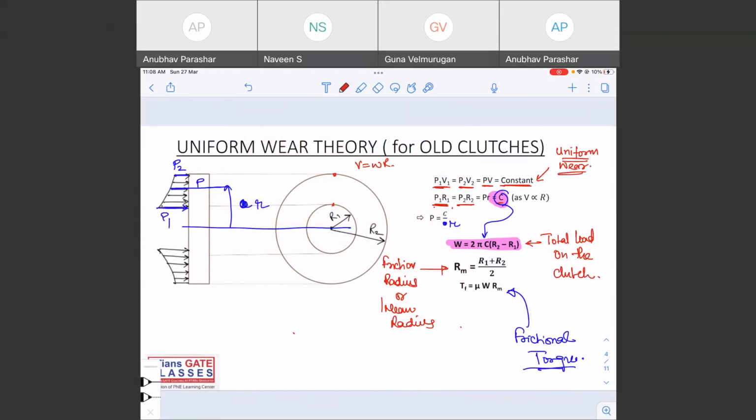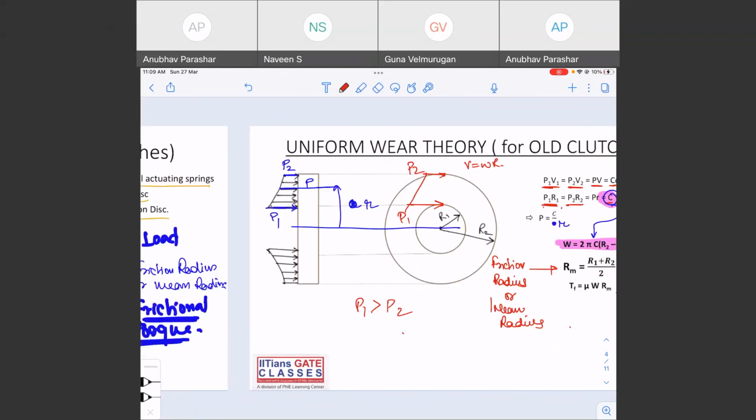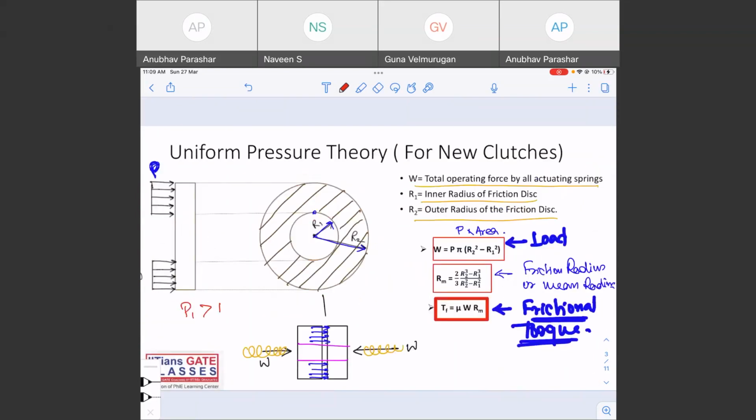In uniform wear theory, the pressure at the inner radius is greater than the pressure at the outer radius. This is what we know. Here P1, P2, we know that P1 is greater than P2. But do we know that P1 is greater than P, if the pressure is P here? No, that is not necessary, right? It could be different for different applications.